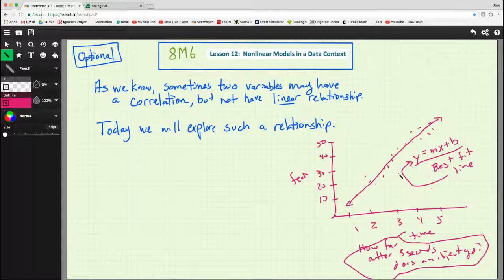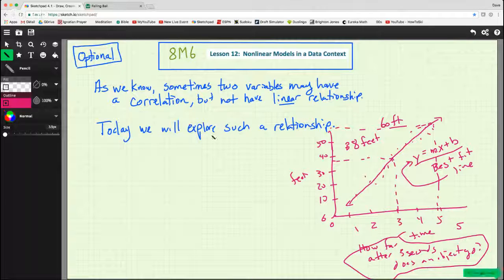Given our best fit line, we can just draw our line up and over, and we could say probably about 38 feet. And then after 5 seconds, maybe it would go 60 feet. And this would be a nice linear model.